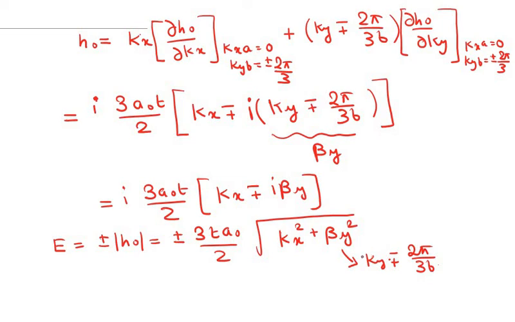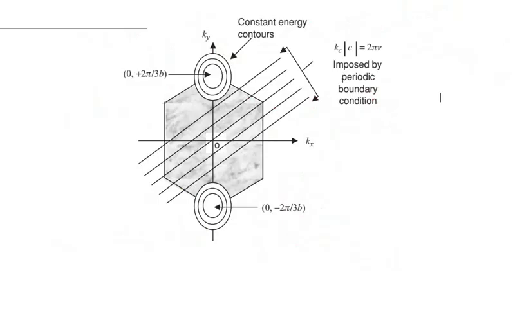So we note that the locus of kx and ky is basically a circle for a constant value of this energy E. So the constant energy contours in the case of this carbon nano sheet or graphene or carbon nanotubes are basically circles inside the Brillouin zone.